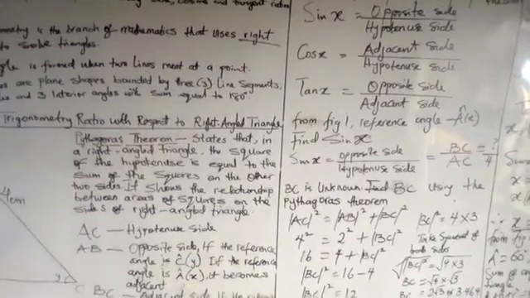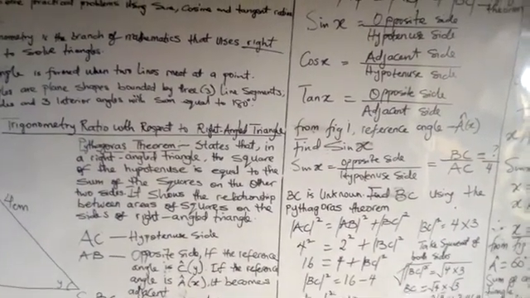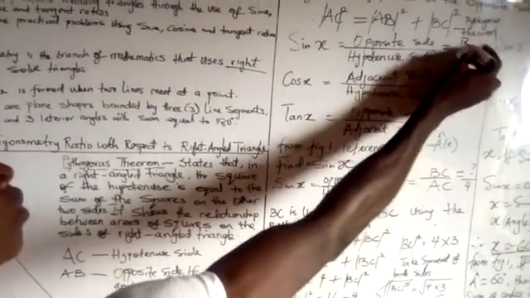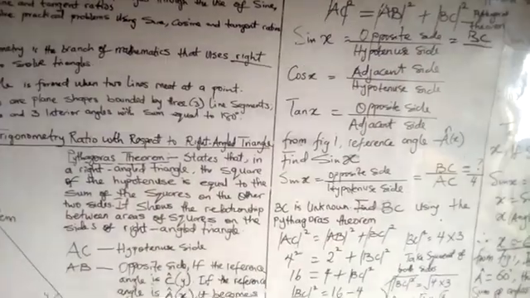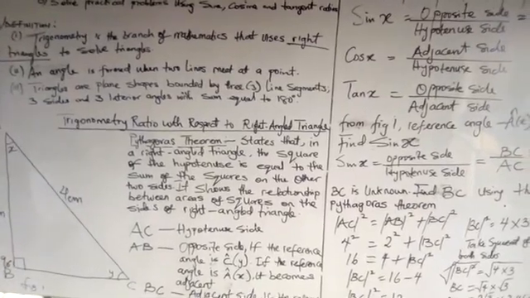If the reference angle is x, our opposite will be BC. So our hypotenuse will now be what? Our hypotenuse is always sacrosanct. That means it's fixed.